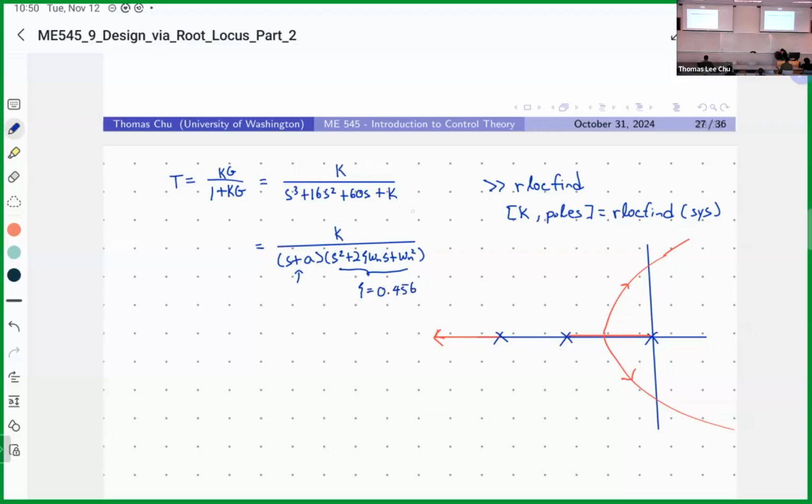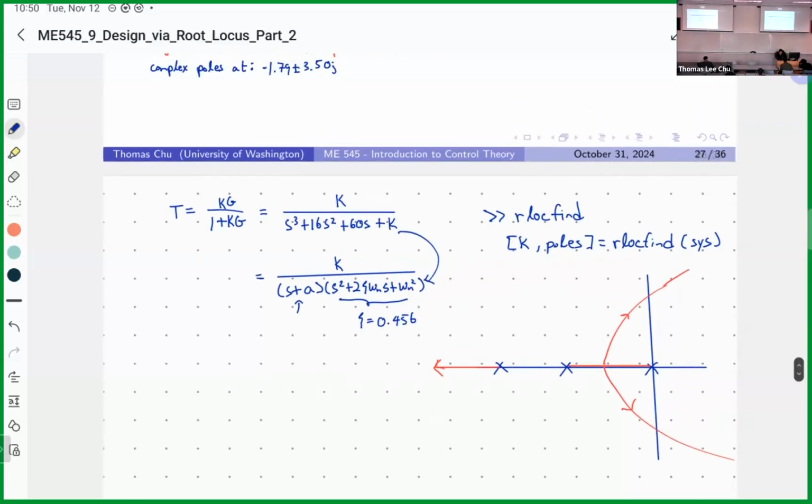So I need to somehow factorize this and get that form. I think that's the most difficult part of this problem, and to be quite honest, I do not have a good answer for that. I'm sorry, I can't give you a perfect answer. Maybe we just want to sweep K until we can get this form, but I'm not quite sure how to get there.